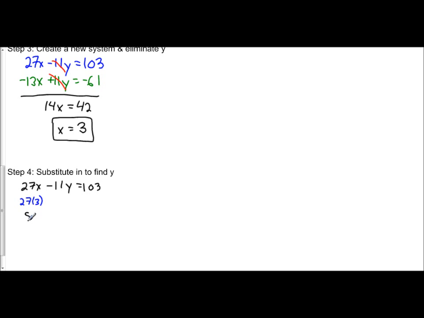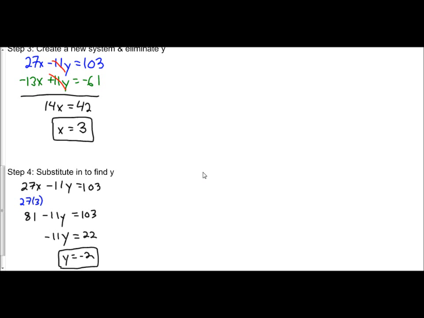So you have 81 minus 11y equals 103. Subtract 81 from both sides, you get negative 11y equals 22. Divide both sides by negative 11, y equals negative 2. And so then there's my y.